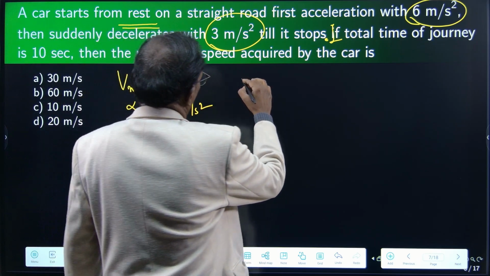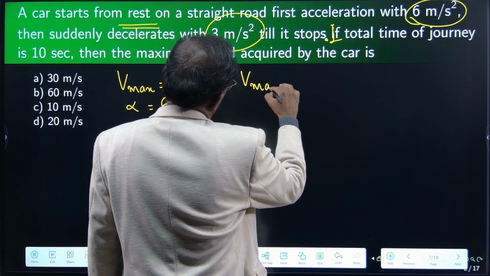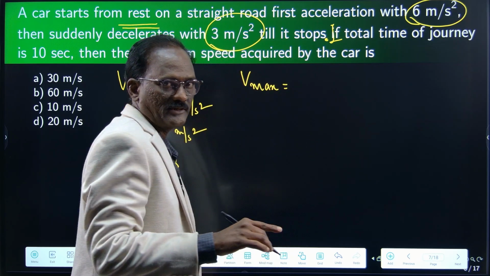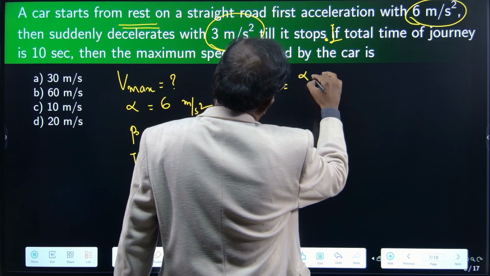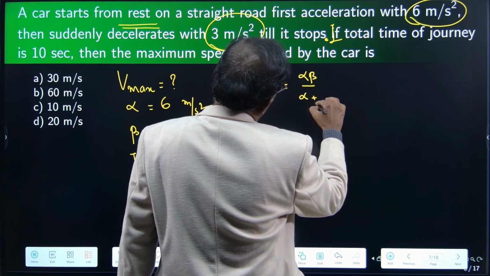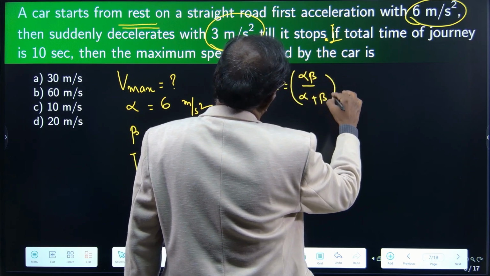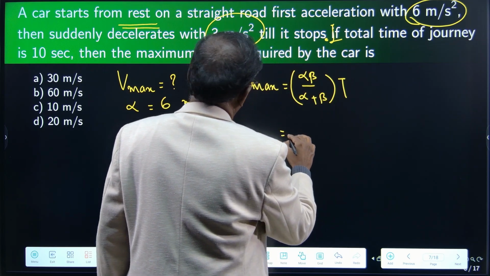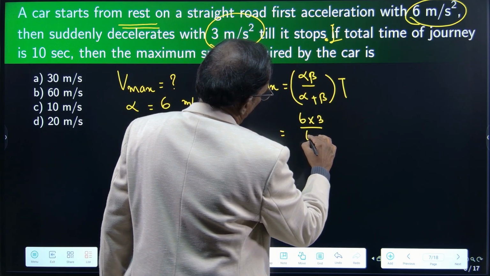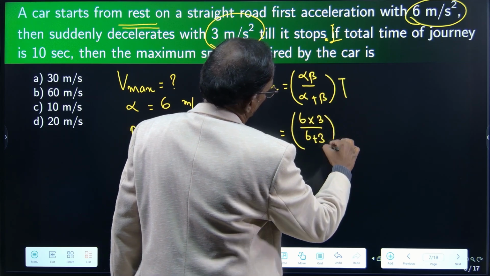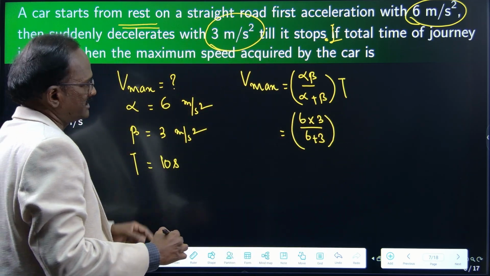V max is what? Right? Our formula is V max is equal to 0 plus AT, U plus AT, that is 0 plus AT. A is equal to alpha beta divided by alpha plus beta into T. Alpha is 6, beta is 3, then this is 6 plus 3 into total time of journey, 10 seconds.